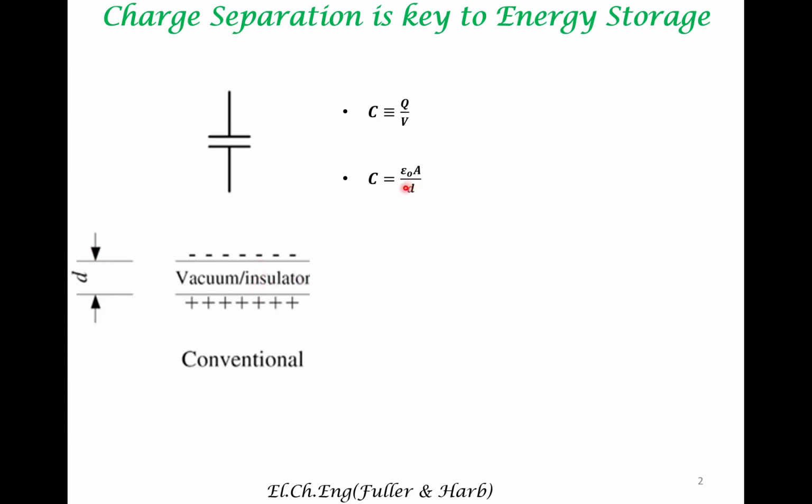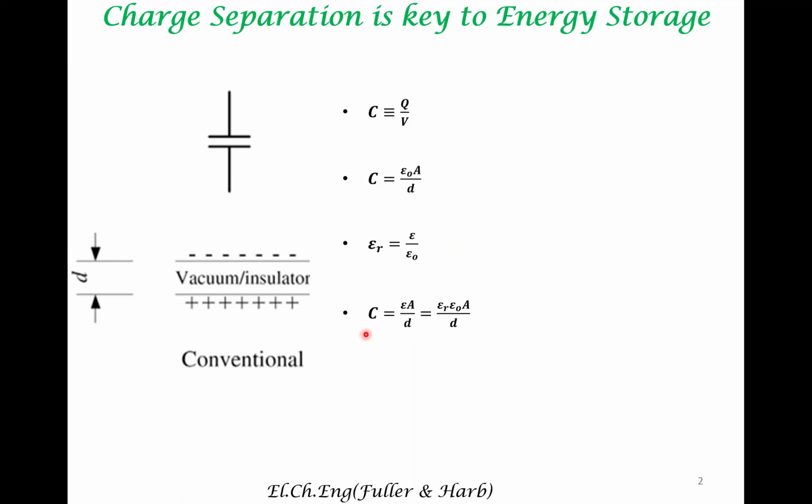This is the distance between them. If instead of vacuum, you have a dielectric material, let's say an insulator, of permittivity epsilon, relative permittivity is epsilon divided by epsilon naught. And you can write the capacitance for that capacitor with an insulator in between via this formula. So all these things you must have seen in your high school.